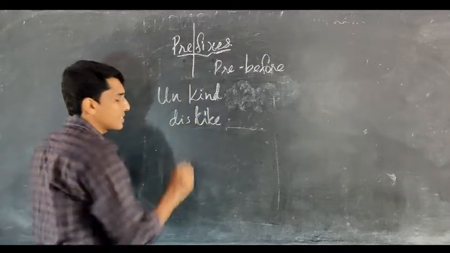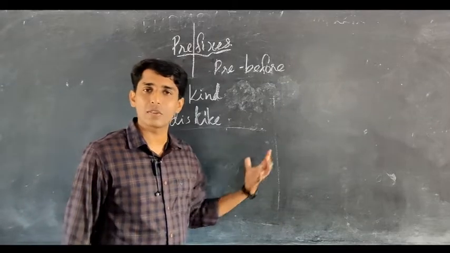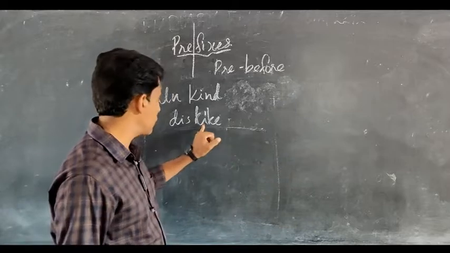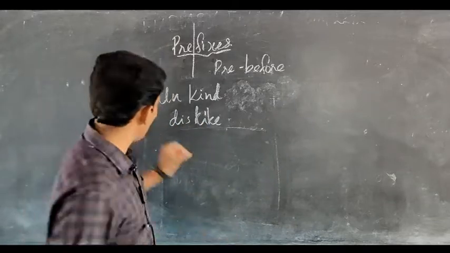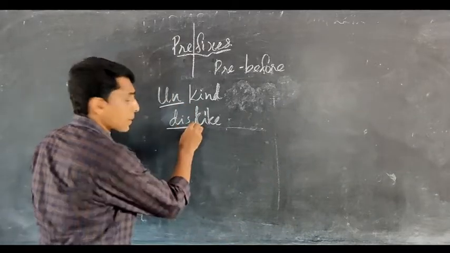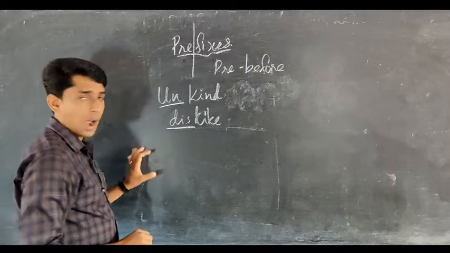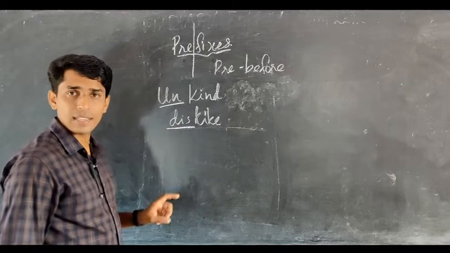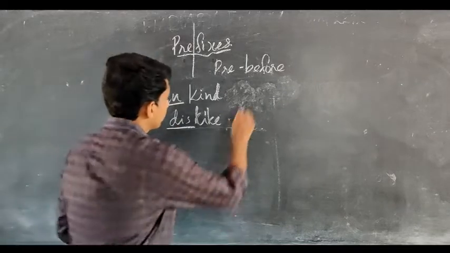Opposite of like comes dislike. So these are prefixes. Okay, unkind. Un is a prefix.